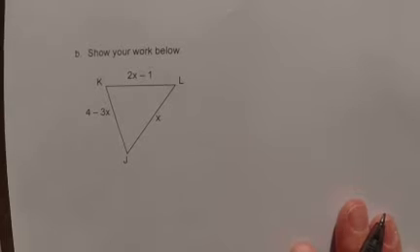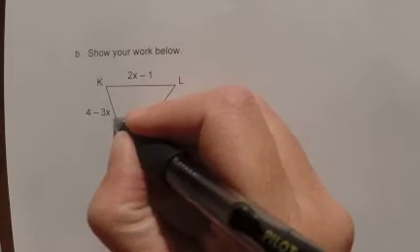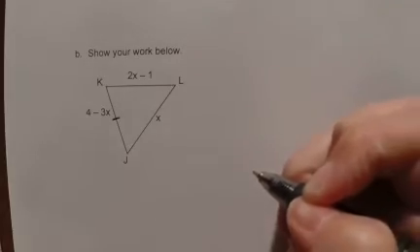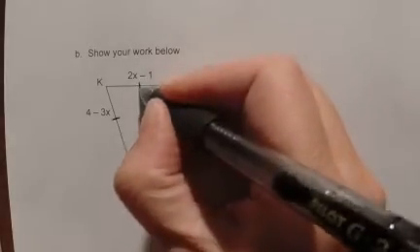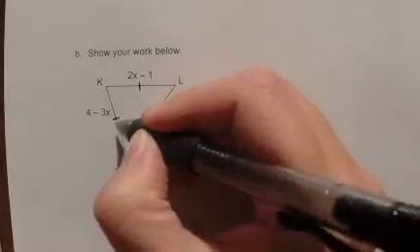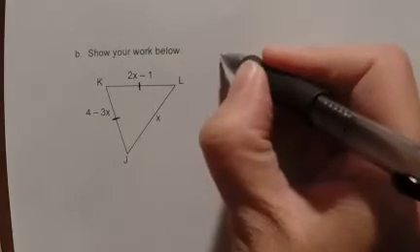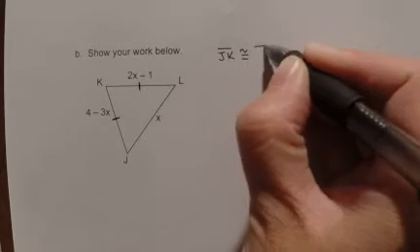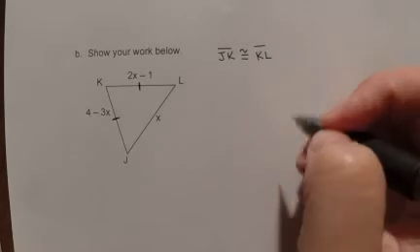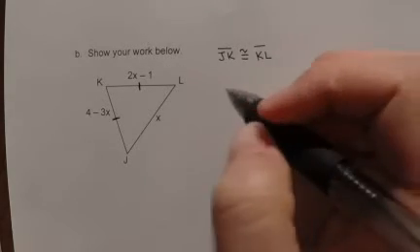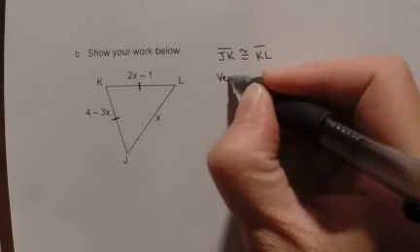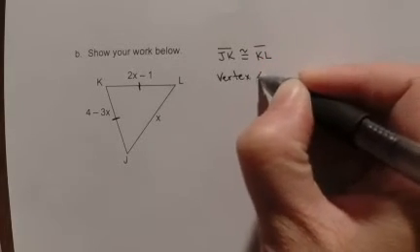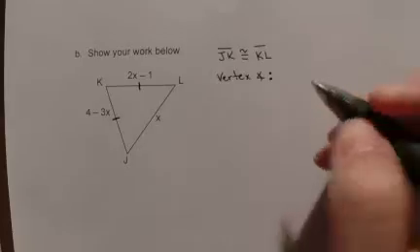Part B, again, the direction said that JK, so that's this one, is congruent to KL, which is this one. So if those are the two sides that are equal, then that means the vertex angle is what's between them. And this is just kind of food for thought in case you hear this again.